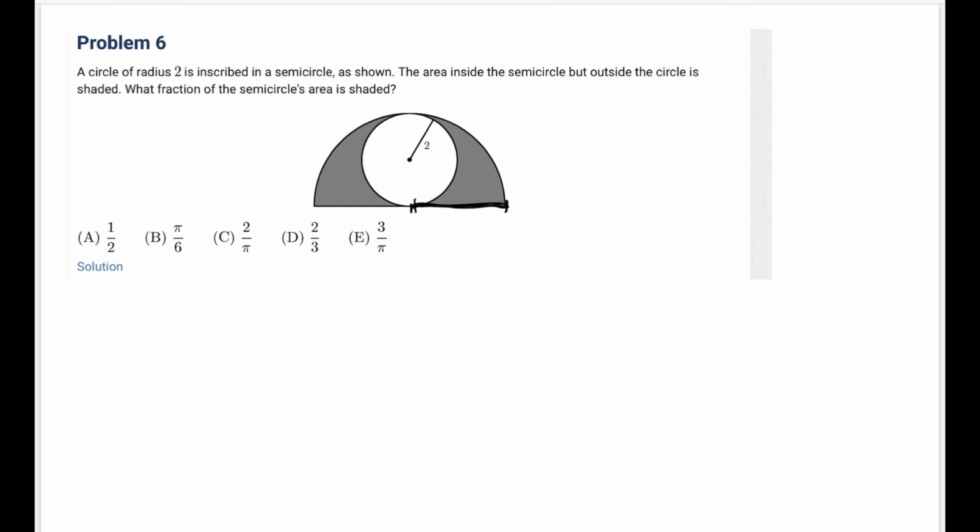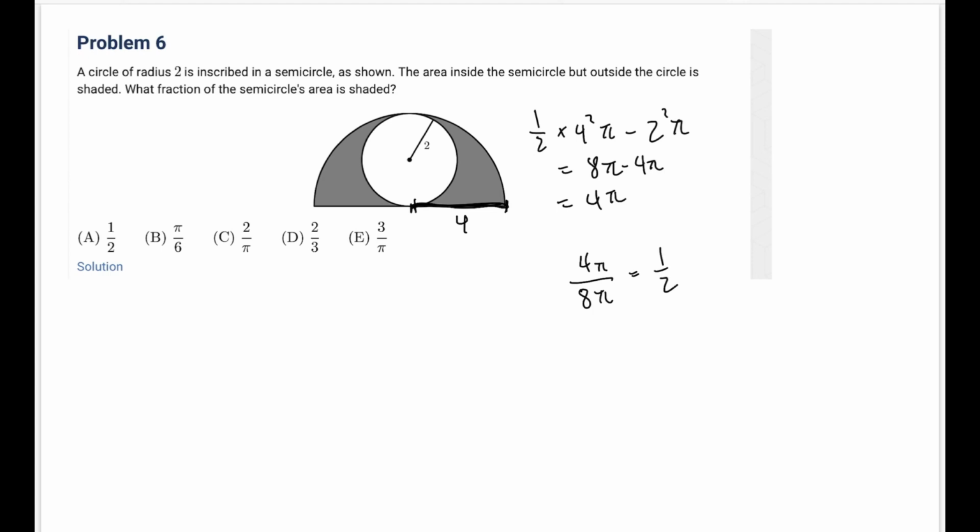You could see that this is 4, since 4 is the diameter of the circle, and so the semicircle would be 1/2 times 4 squared pi minus this 2 squared pi, equals 8 pi minus 4 pi equals 4 pi. So the total area is 8 pi, but the shaded area is 4 pi, so it's 4 pi over 8 pi equals 1/2.